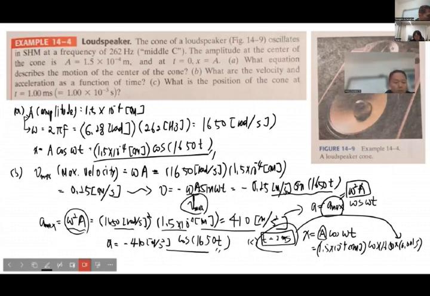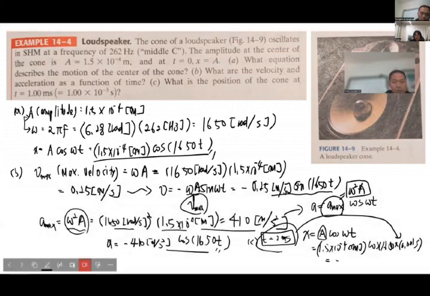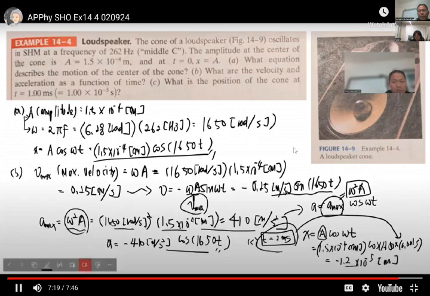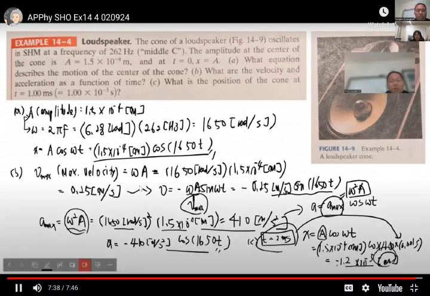So you plug them all into this formula, and that leads to the answer for this question C, which is 1.2 times 10 to the minus 5 meter. So after 1 millisecond, this simple harmonic oscillator will have 12 micrometer displacement from the starting point, the origin.